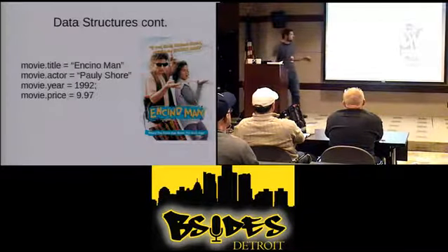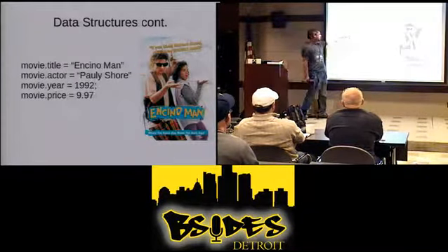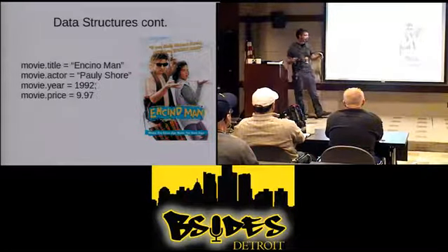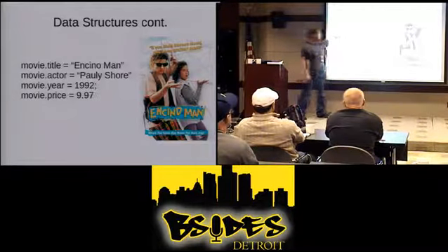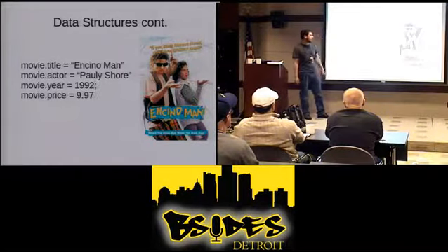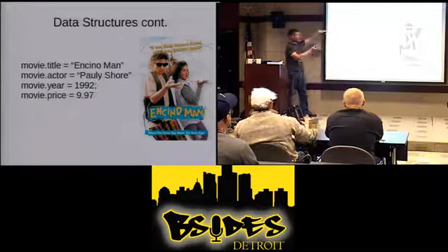So to put a little bit into perspective, if you wanted to create that movie data structure and then assign the title, it would look like movie.title equals Encino Man. The main actor being Pauly Shore, the year and the price. So this right here would be the data structure type of movie.